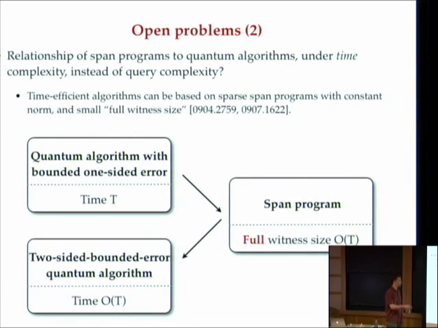And from that span program, we can apply our algorithm, and we get a quantum algorithm that has time actually t, without log factors in this case. But the problem is I've gone from a one-sided error algorithm to a two-sided error algorithm. And so there's not an equivalence here. It's not clear what the relationship between span programs and time complexity is.